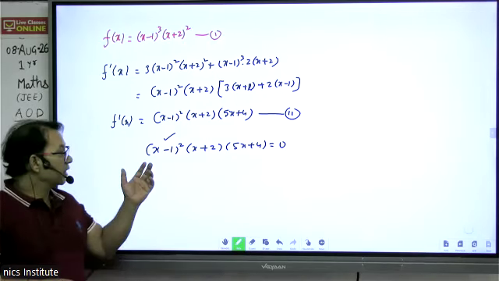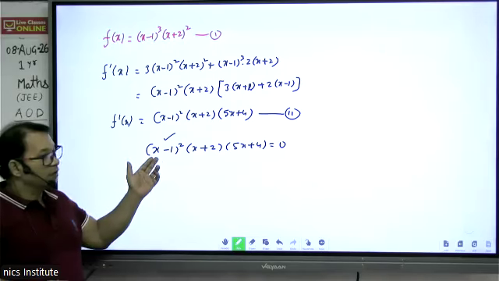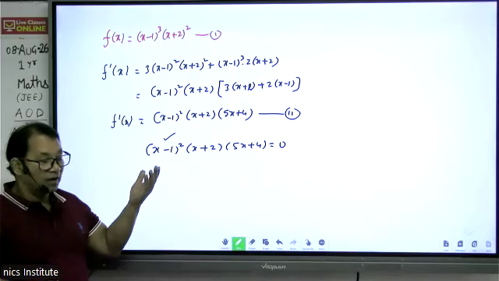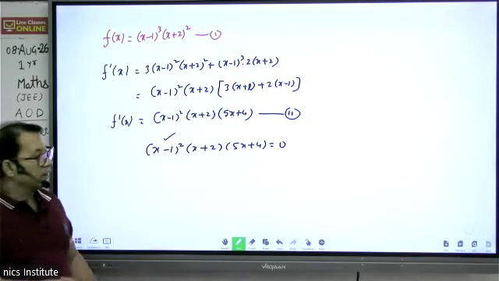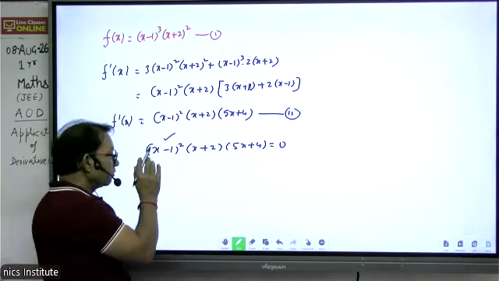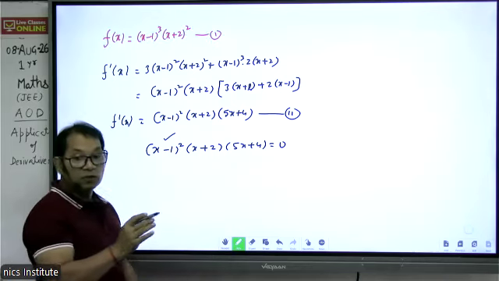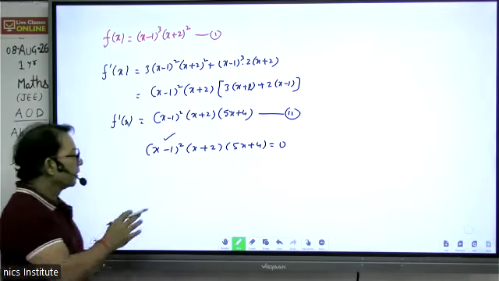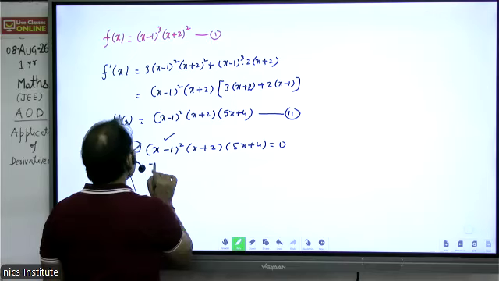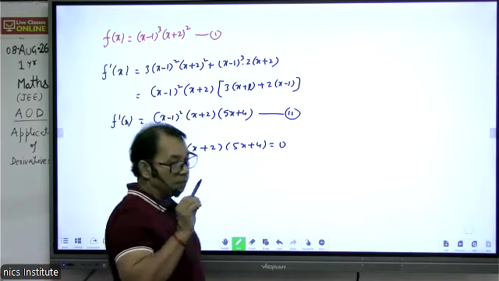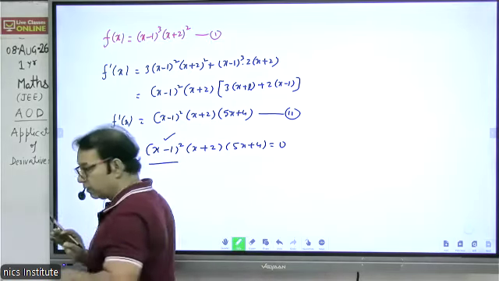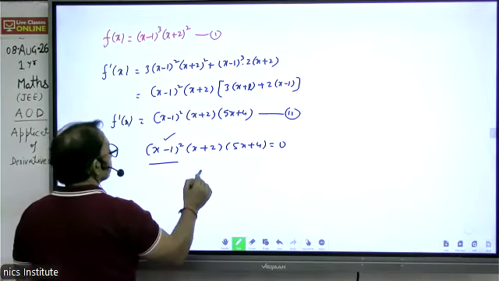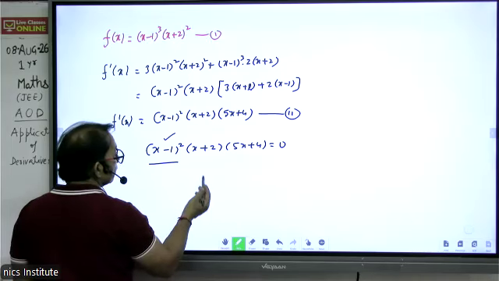If a factor has even power, कुछ भी वैल्यू डालो इसके राइट और लेफ्ट में, we did in quadratic. लेफ्ट और राइट में फंक्शन का साइन चेंज नहीं होगा. That means x equal to 1 is not a critical point, even though its derivative is 0. So if a factor has even power, that point will not be a critical point. So 1 is not a critical point. So critical points are -2.